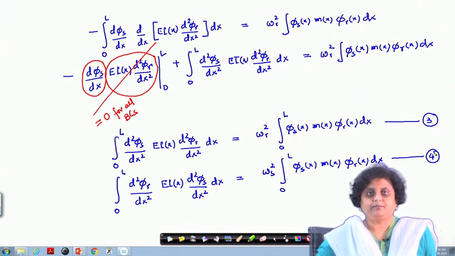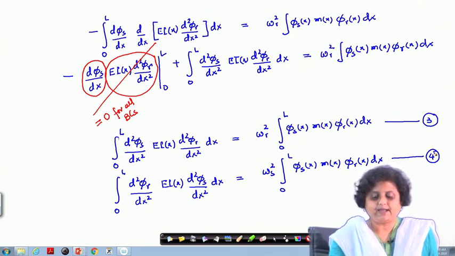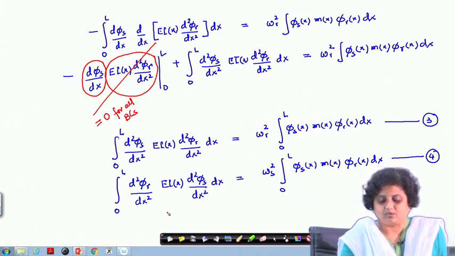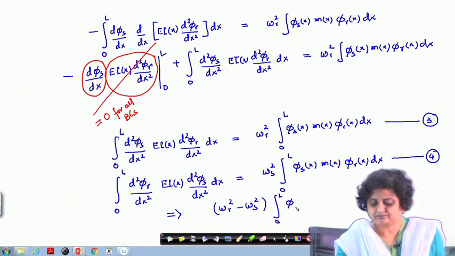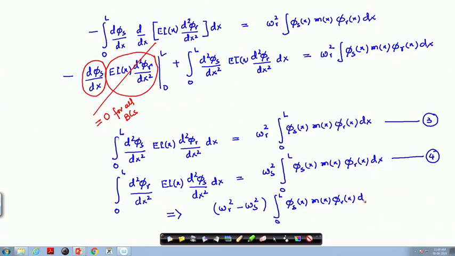Now, if we subtract equation 4 from equation 3, my LHS goes equal to 0 and I am left with omega r square minus omega s square into 0 to L ... equal to 0.